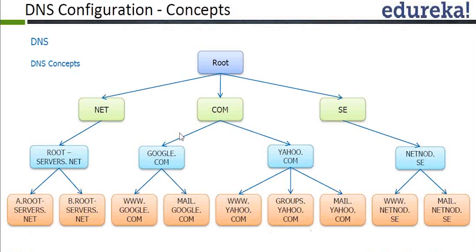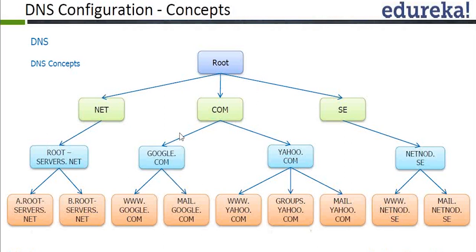Every DNS server plays a dual role. If the records are not present inside the database, it sends a request to its master, which is one level higher in the tree structure.